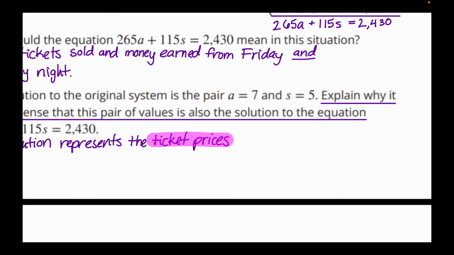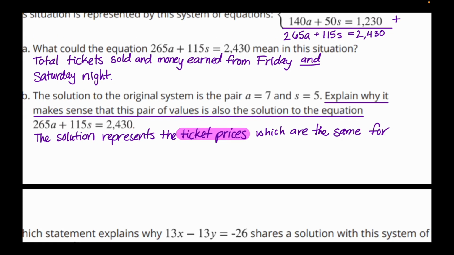I'm even going to highlight my own answer here so you can see what I'm connecting it to, which are the same for both nights. So it should be the same for the total.